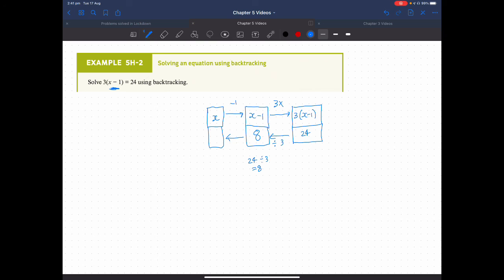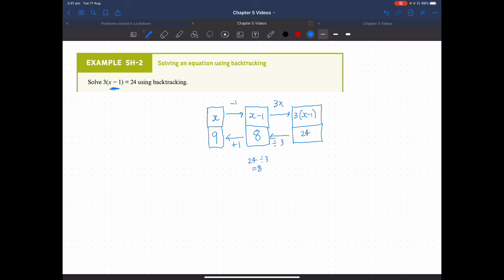On the arrow above, I've got a minus 1. So on the arrow when I'm backtracking below, I have the inverse operation to minus 1, which is plus 1. So I've got 8, and I'm plussing 1, I get 9.